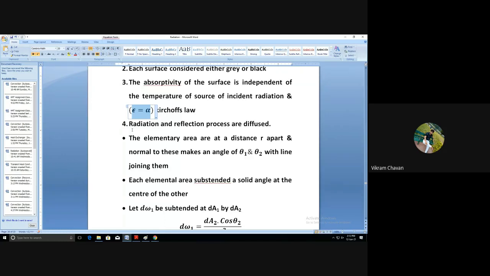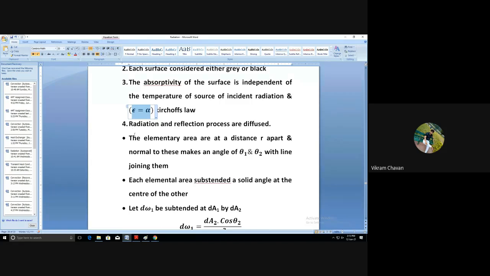But in the case of diffused radiation, the radiations are traveling in every direction. So we have to consider that the emitting of radiation and the reflection of radiation, these two processes, are diffused processes.